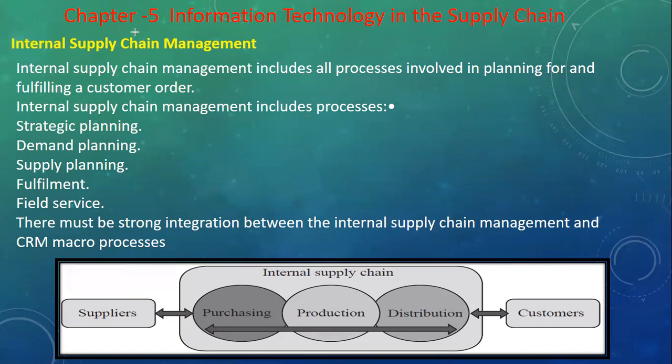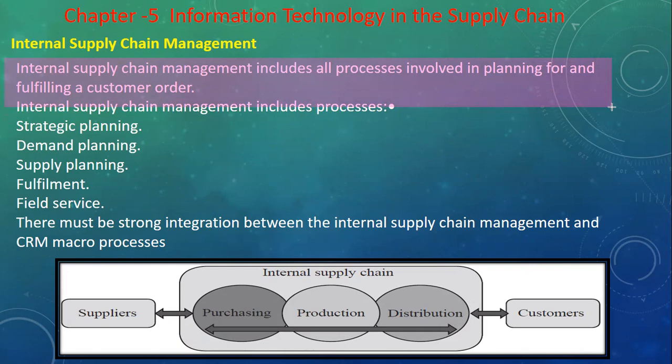So the internal process is the process in which whatever demand is made by the customer, to fulfill this demand we need to manage the process, make some planning and management for the production, and all the processes included in this are the internal supply chain.